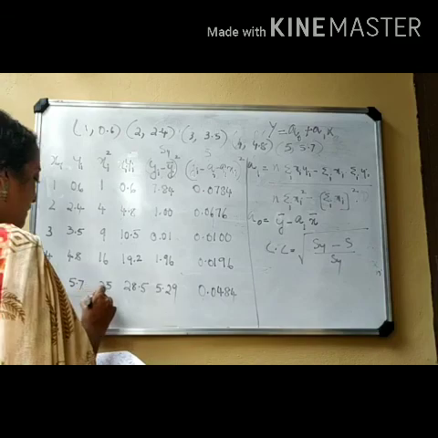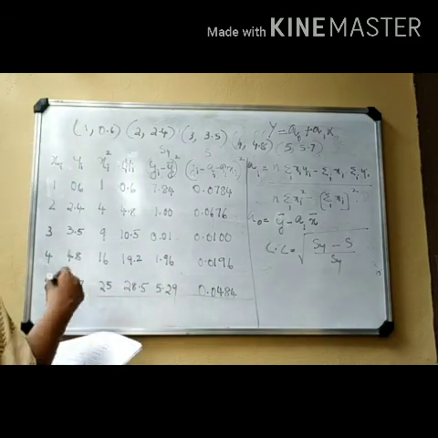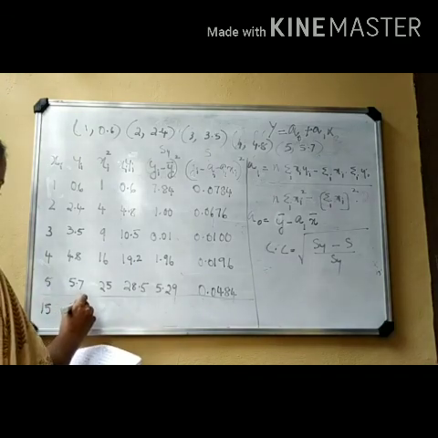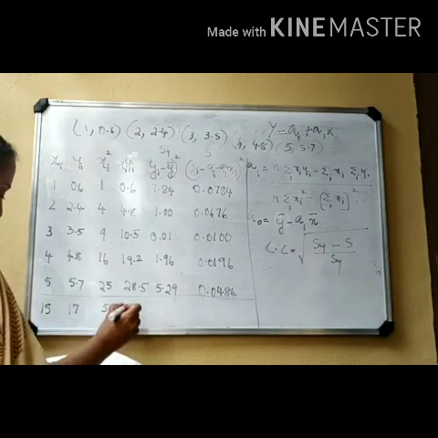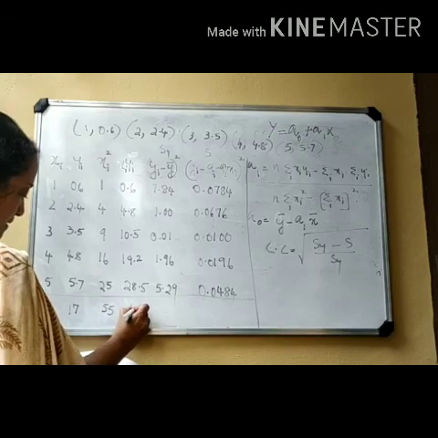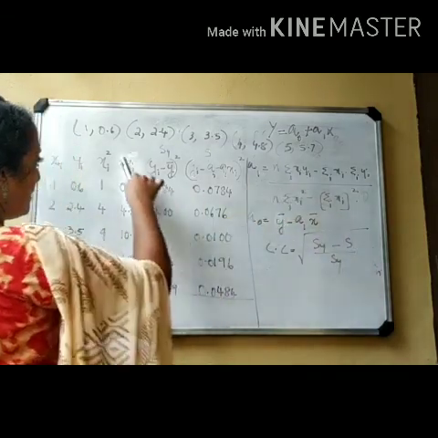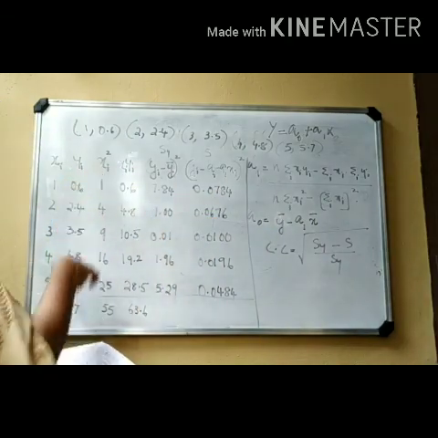And in the last step we may write the summation. Here it is 15, sum here 17, 55, 63.6, because we have to calculate the xi yi sum. Similarly xi square sum, yi sum.